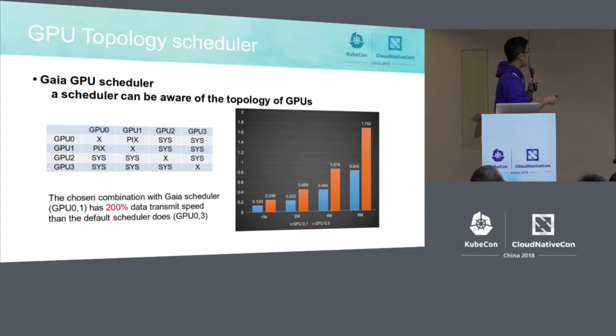There's an example here. In this example, we pick two GPUs, and it's NVIDIA's comparison result.